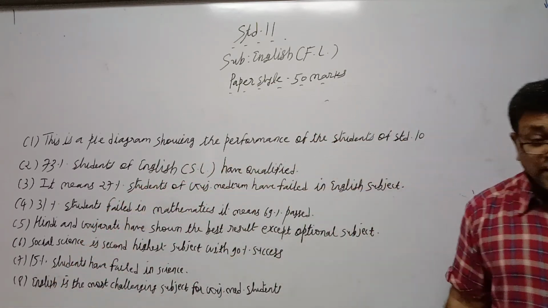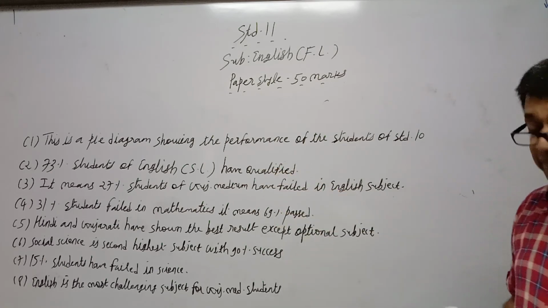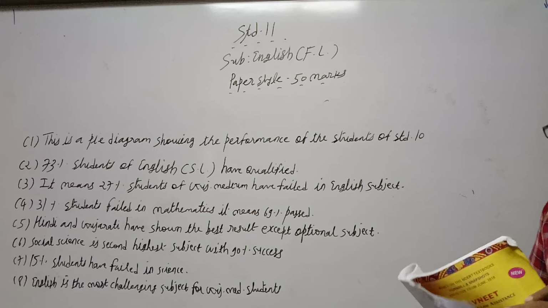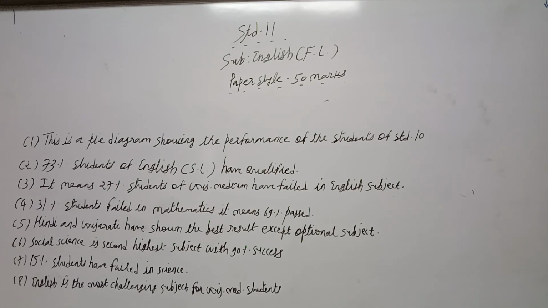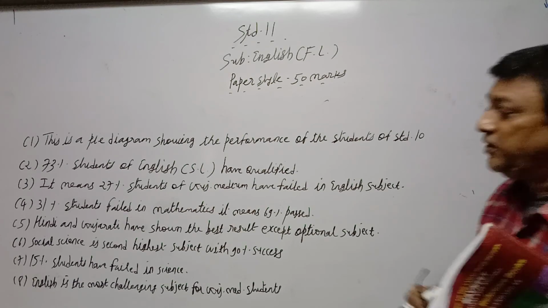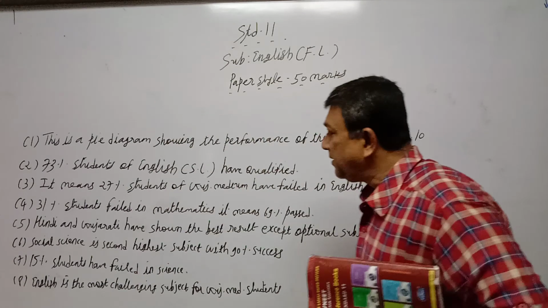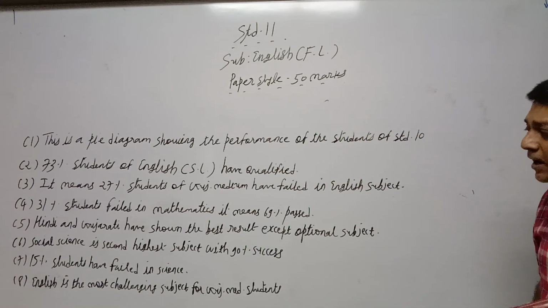Okay. In this way, we have to interpret this. This is a pie diagram showing the performance of students of Standard 10. 73% students of English second language have qualified. It means 27% students of Gujarati medium have failed in English subject. 31% students failed at mathematics.